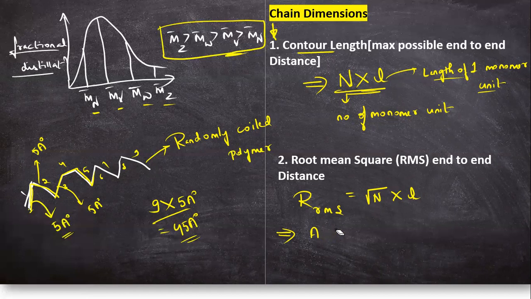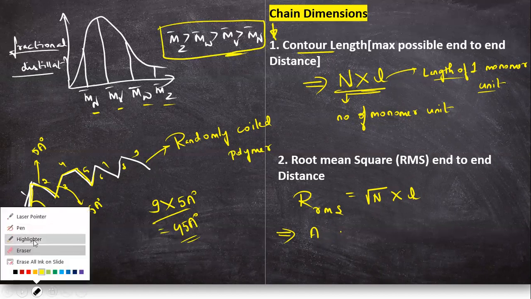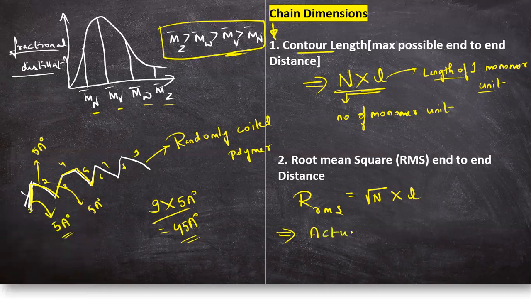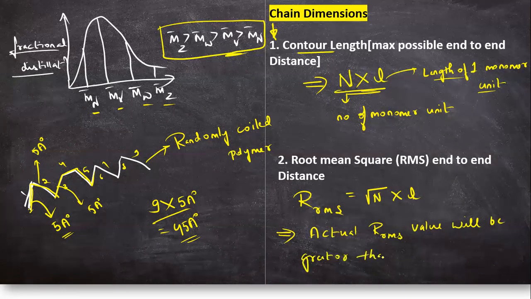The actual root mean square value will be greater than the theoretical value. The actual root mean square distance is found by experiment, the practically determined value of the root mean square distance.